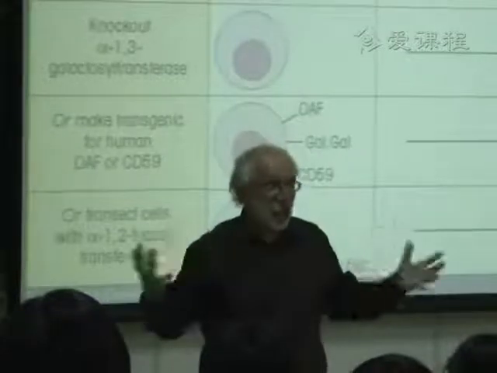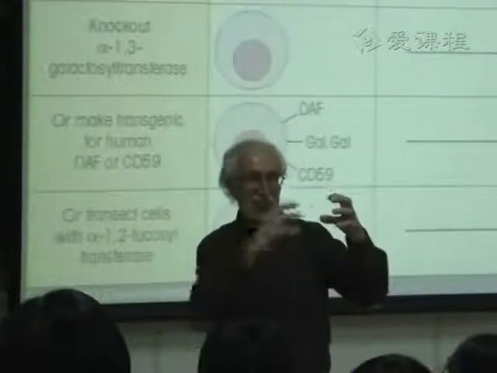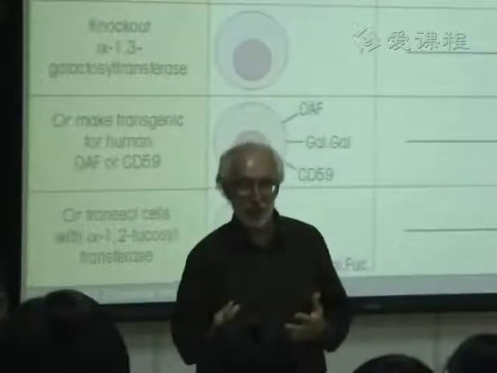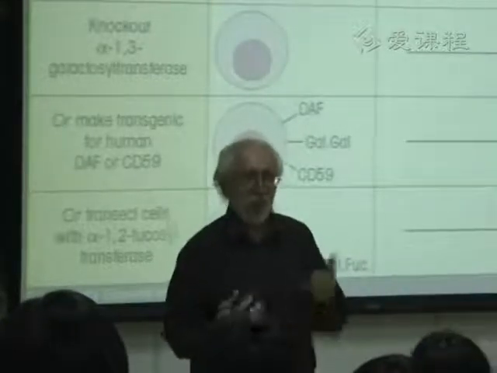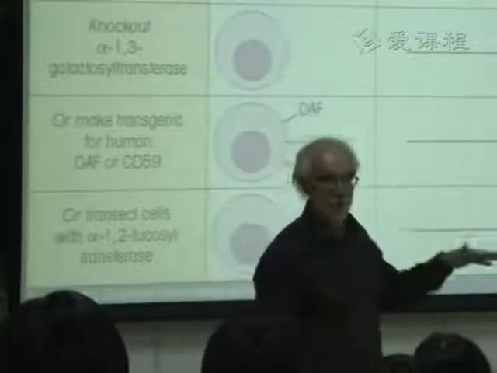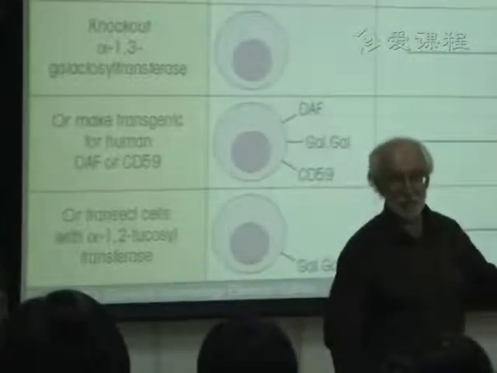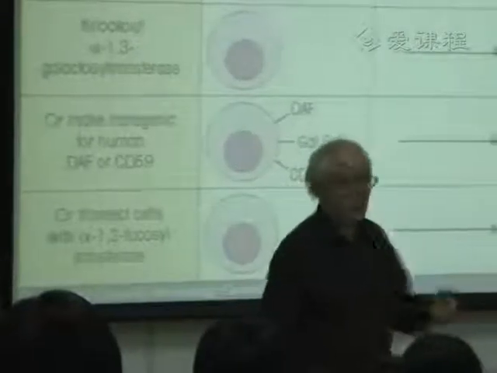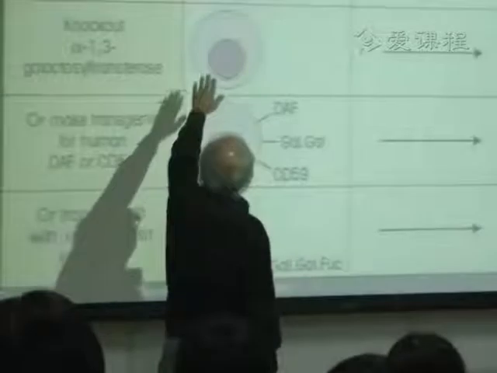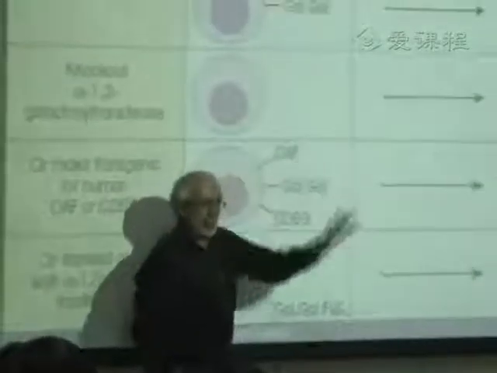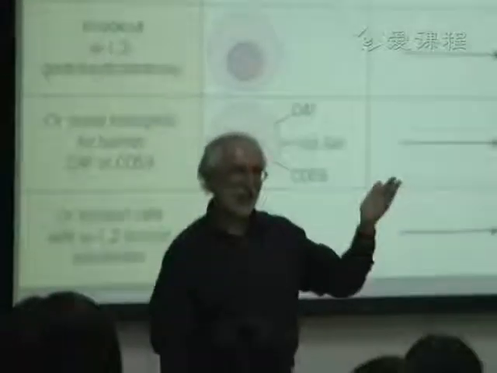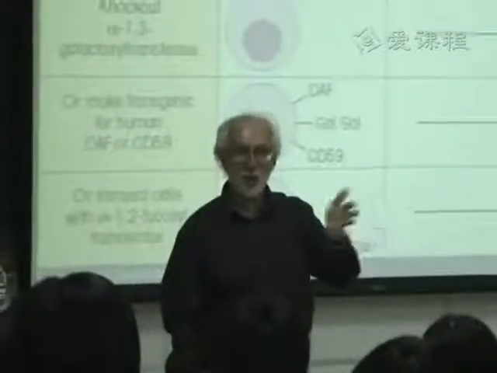We just don't ever have galactose alpha-1,3 galactose, because we don't have the enzyme required to make it. But species below higher primates do have the enzyme in a fully functional form, and they do make that linkage. So pig cells have glycoproteins on their surface, and some of those glycoproteins have galactose, alpha-1,3 galactose.